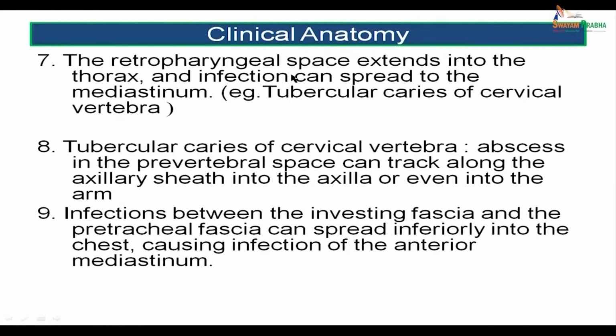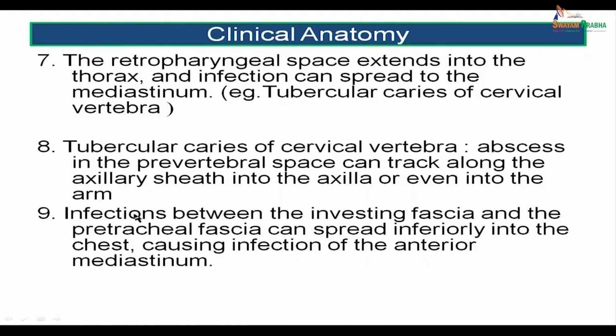The retropharyngeal space extends into the thorax, and infections can spread to the mediastinum through this route. For example, the tubercular infection of cervical vertebra, which is called tubercular caries. The same infection, tubercular caries of cervical vertebra, can cause an abscess in the prevertebral space, and it can track along a different path, that is along the axillary sheath, and it can reach into the axilla or into the arm.